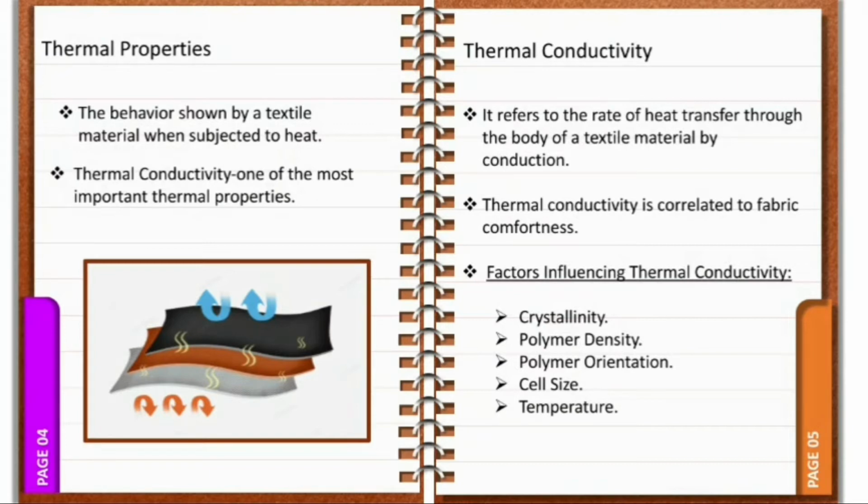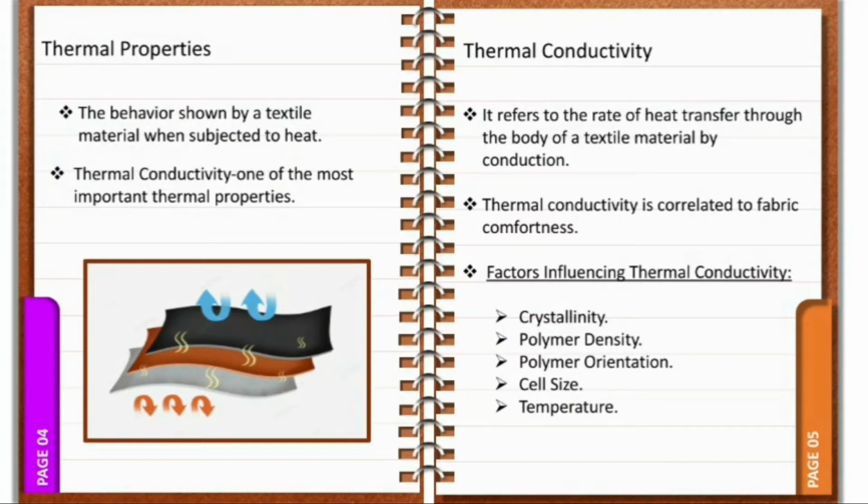Thermal conductivity is correlated to fabric comfortness. For example, cotton fabric is highly conductive, and therefore it is comfortable to wear in the summer season. In case of wool fabric, it is lower conductive as compared to cotton fabric.